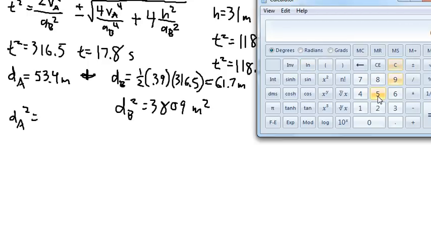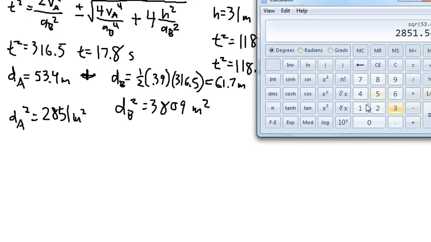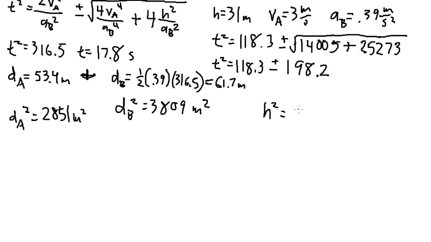dA squared equals, okay, 53.4 squared, 2851 meters squared, and then of course h squared equals 31 meters squared, which is 961 meters squared.